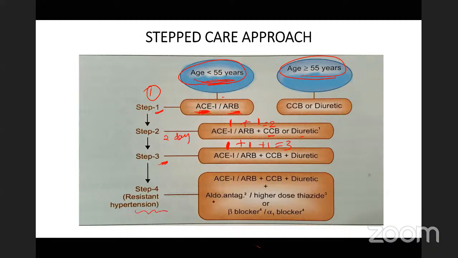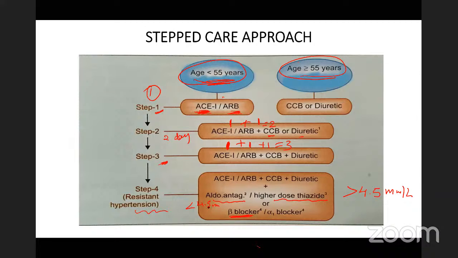In that group, you have to add an aldosterone receptor antagonist if the potassium is less than 4.5 millimoles per liter, or you have to add a higher dose of thiazide if the potassium is more than 4.5 millimoles per liter. Okay, you can add a beta blocker.